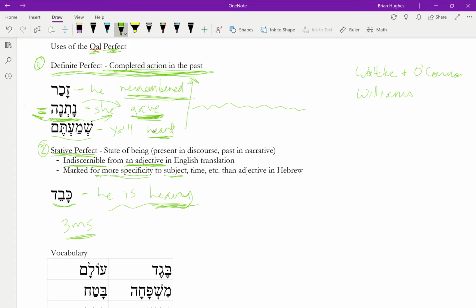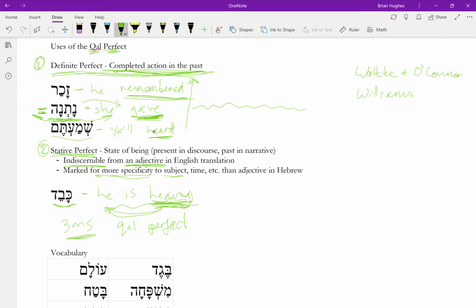So if we're not thinking our Hebrew thoughts, we miss the fact that the way this word is written in Hebrew can only apply to a he or a male object, an it. It's marked for the time, etc., because it's a cal perfect.